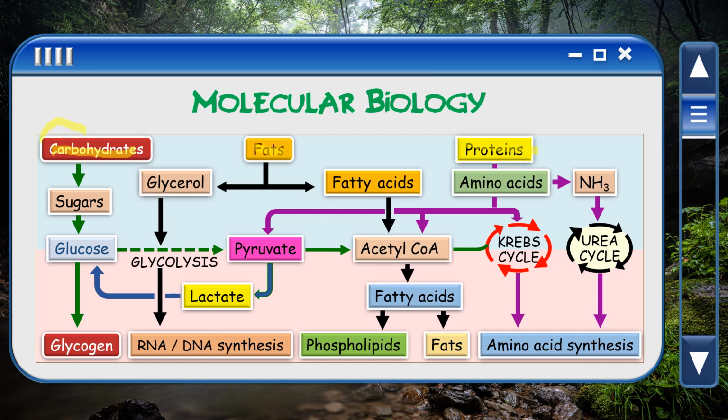The carbohydrates are used in the life processes where they can be broken down to glucose via different sugars, and this glucose can either be stored in the body as glycogen, or be broken down to pyruvate, acetyl coenzyme A, and then taken to the Krebs cycle where it can be used to make energy.